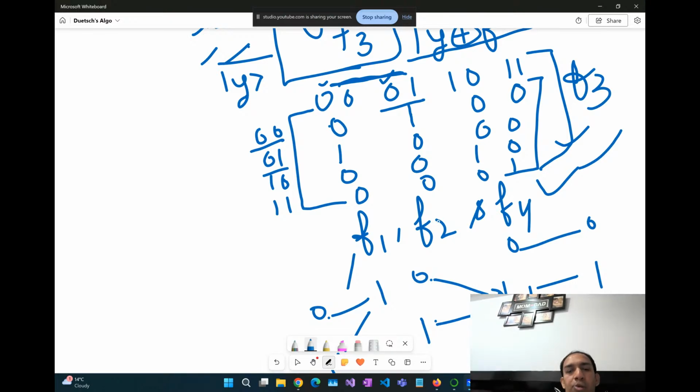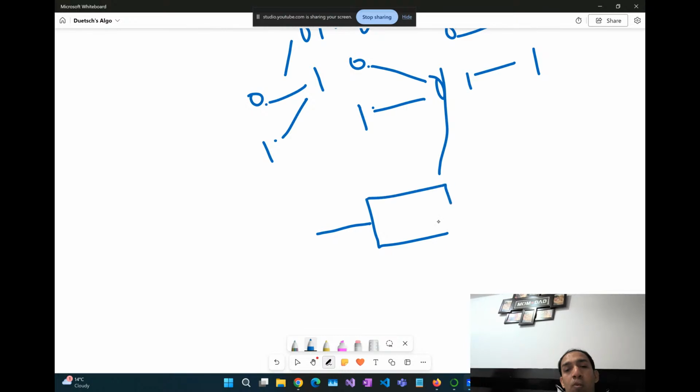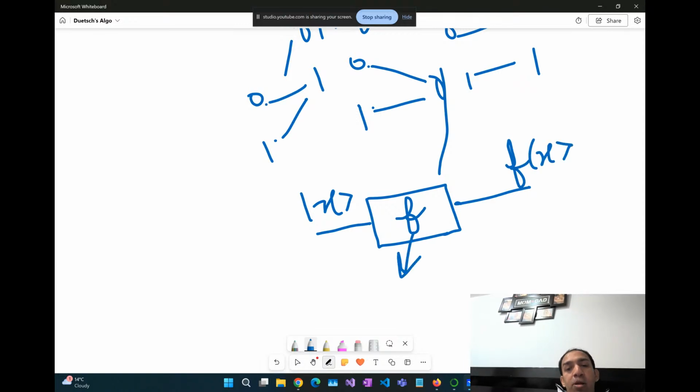If I'm just recapping for you, the problem statement was that you are given an arbitrary bit and a black box function that operates on that bit. You just have to identify whether it is a constant function or a balanced function.